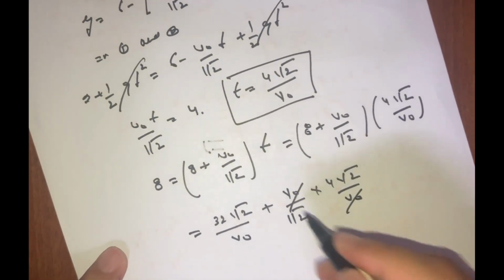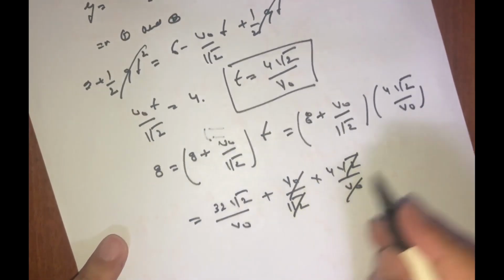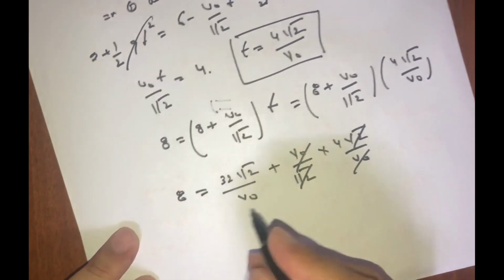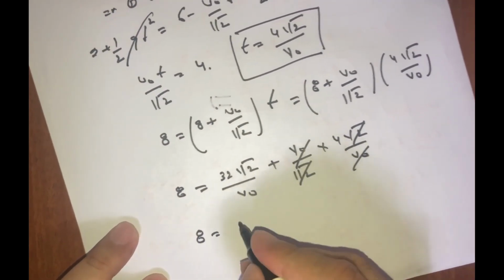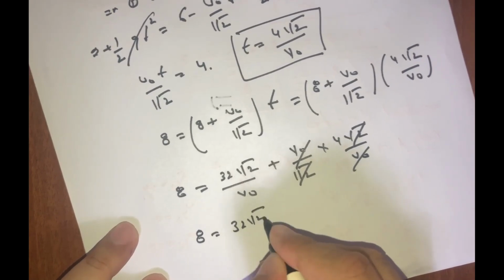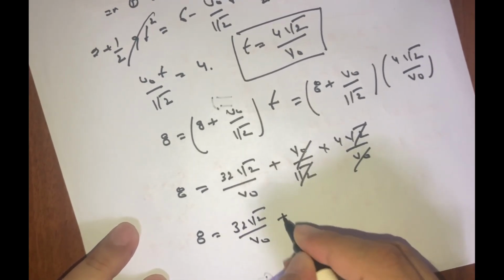V0 cancels, 2 and 2 go, root 2 and root 2 go. So we are left with 8 is equal to 32 root 2 divided by V0 plus 4.